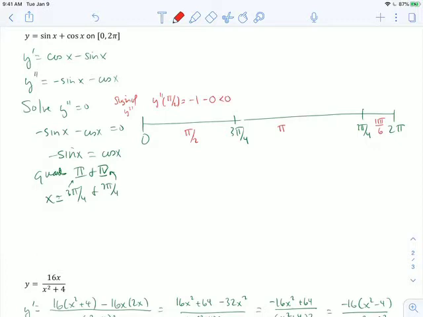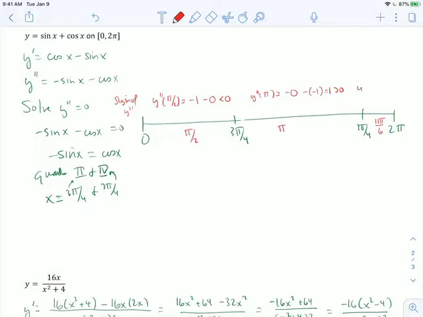And so I get a negative value here. Y double prime of pi is minus sine of pi, that's 0, minus cosine of pi, that's negative 1. So I get positive 1 out of this because I'm subtracting negative 1.